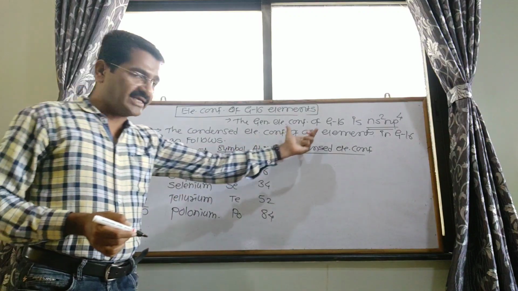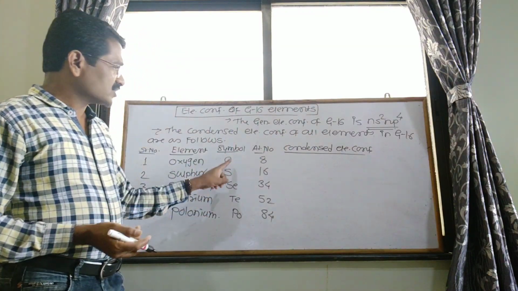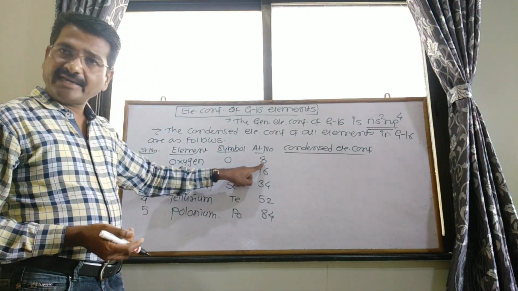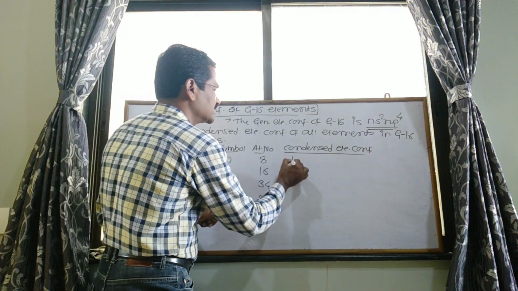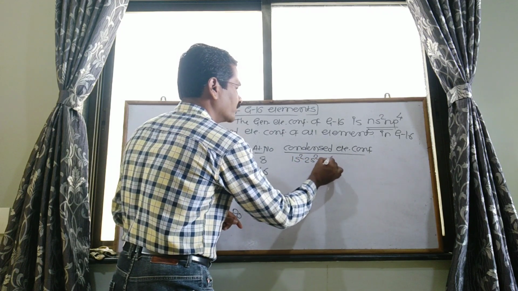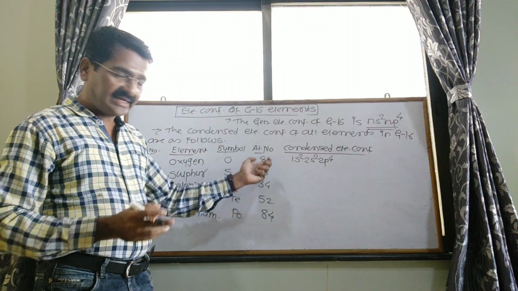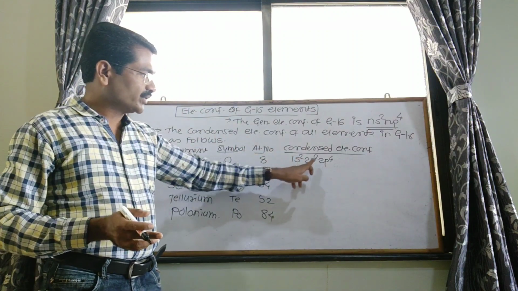This is the condensed electronic configuration of each element. First, oxygen having atomic number 8 and electronic configuration 1s2, 2s2, 2p4. In oxygen only 8 electrons are present, distributed as 1s2, 2s2, 2p4.